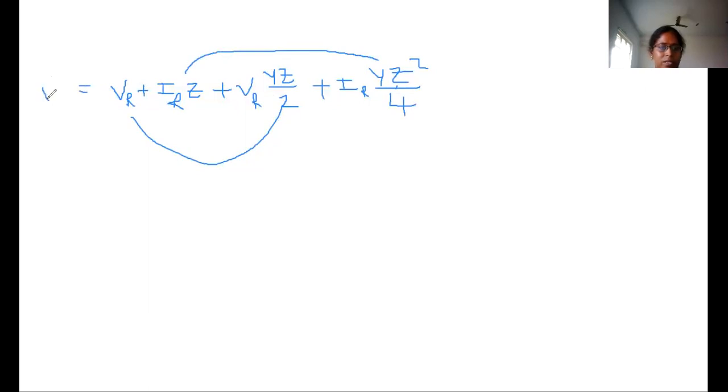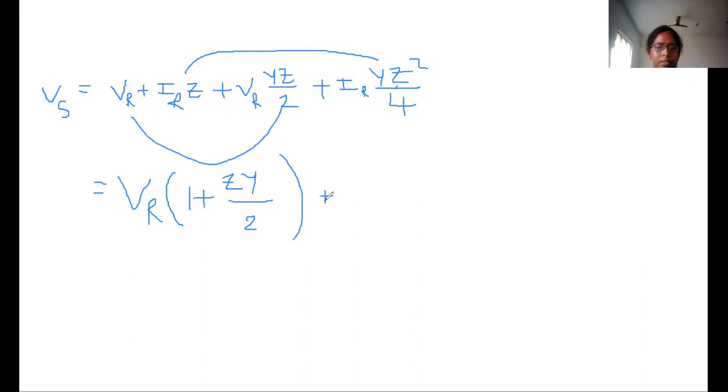So this equation equals Vs. Common Vr in these two terms we can get 1 plus Zy by 2.